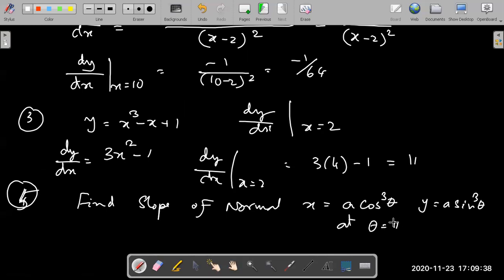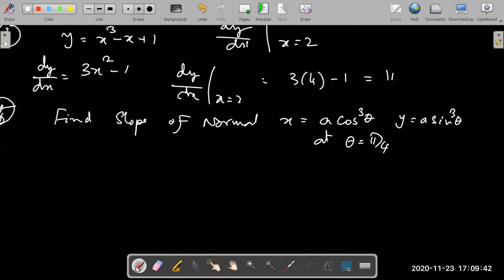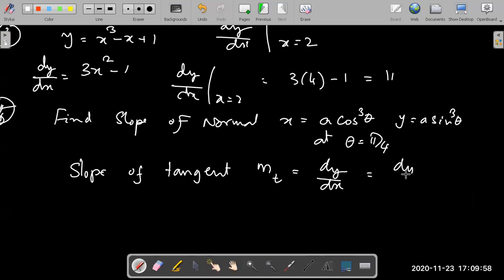We need to find the slope of the tangent first, which we can call m tangent. That's equal to dy by dx, but this is all in theta, so that's equal to dy by d theta divided by dx by d theta, then substitute at theta equal to pi by 4.